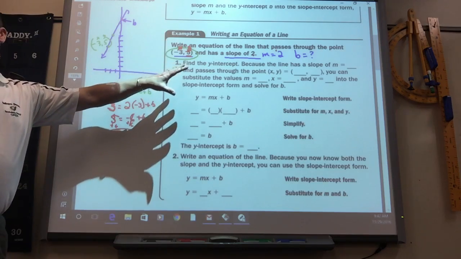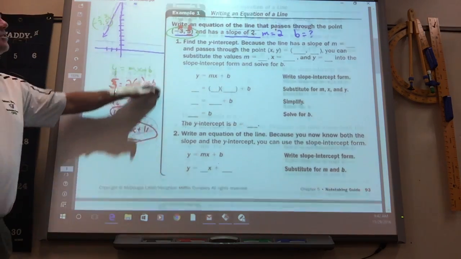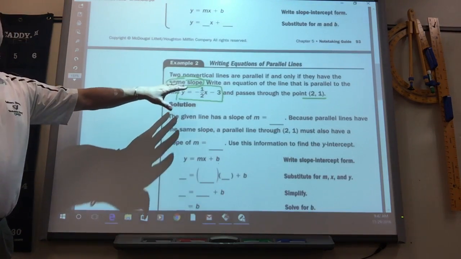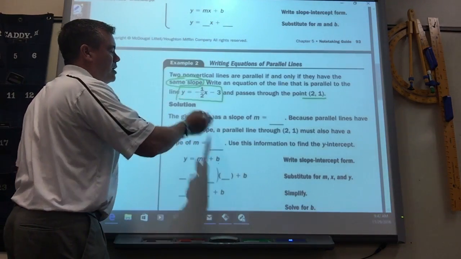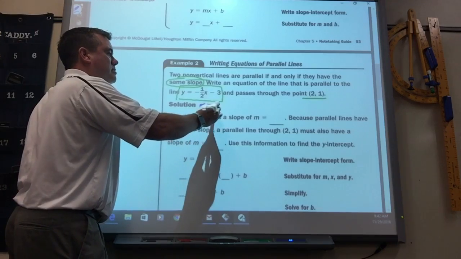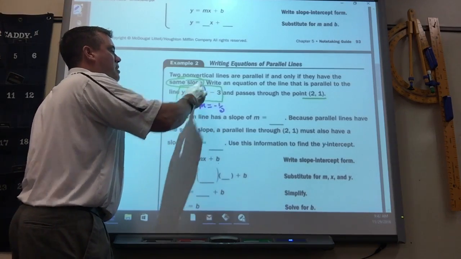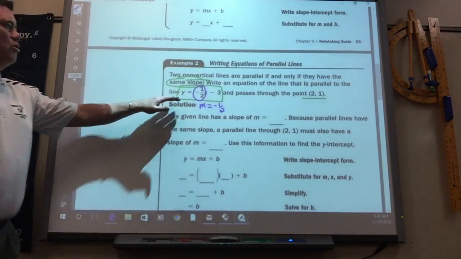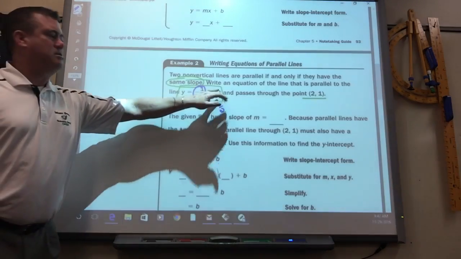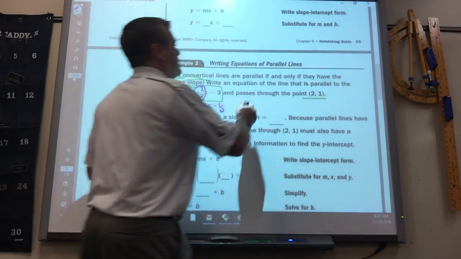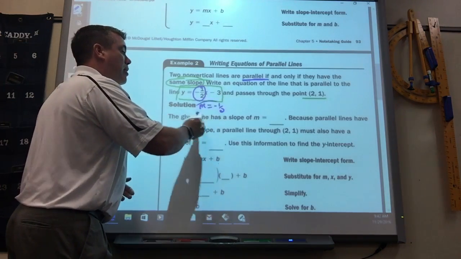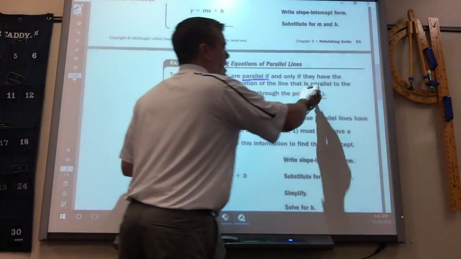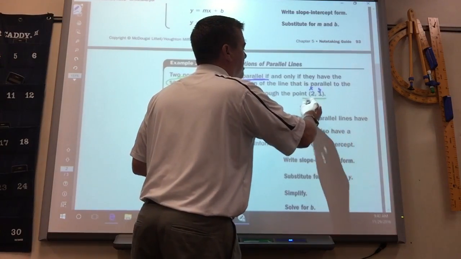It's exactly the same as this, except they didn't just flat out give you the slope here. Since it's parallel to this, what do you know the slope's going to be? Because parallel lines have the same slope. That's the only reason they give you this equation, is to look at the slope. Since they're parallel, they have the same slope. So now we use the slope, and we use this point to find b.